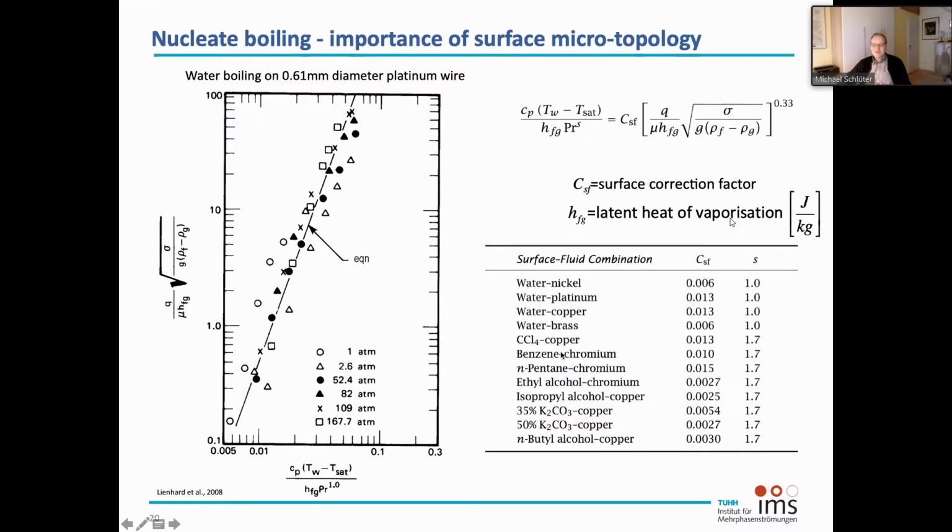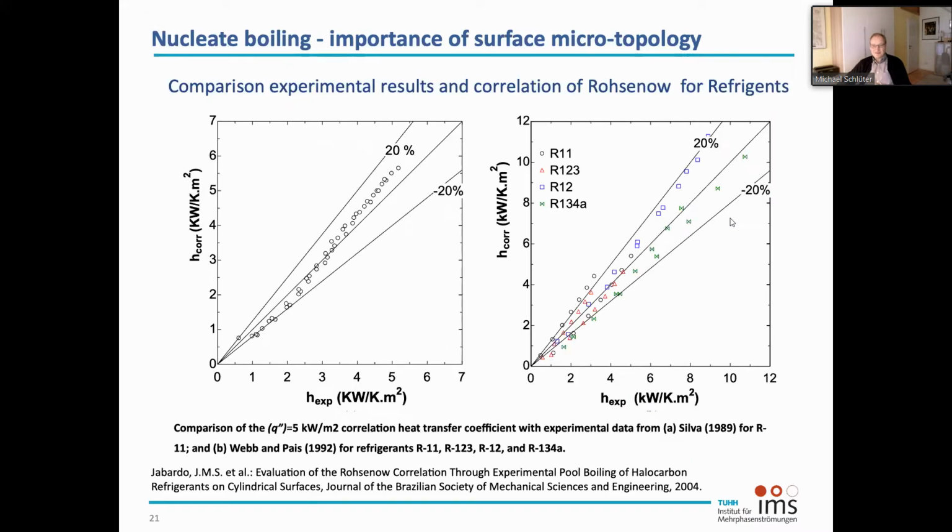You see we have many different materials here for the surface and for the liquid phase. And we can only choose different surface correction factors. And we come to this good agreement between heat flux and superheat. Okay. So this is our equation to predict heat transfer performance in boiling processes for different liquids and surfaces.